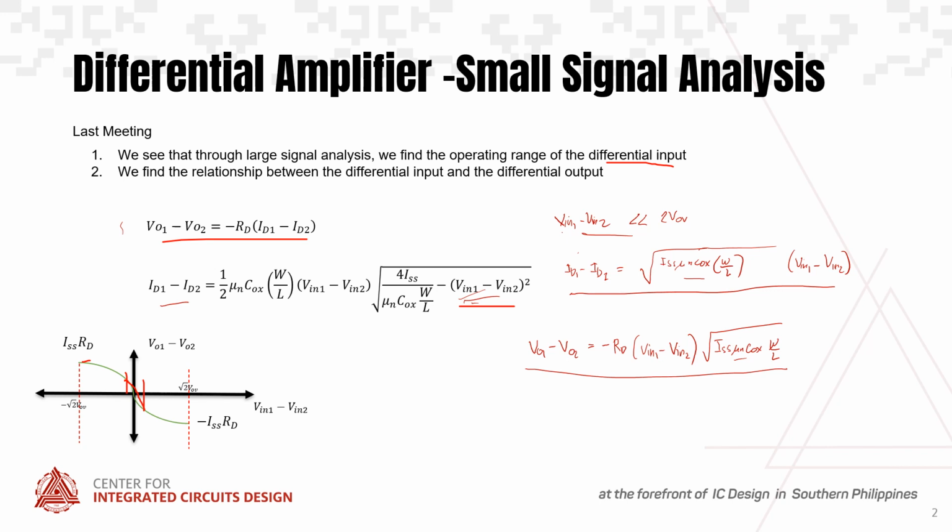So this is the core of small signal analysis: in order for it to be analyzed simply, we put some things to be linear, and with that later on we can derive the gain of the differential amplifier.